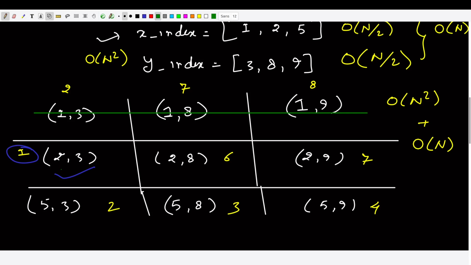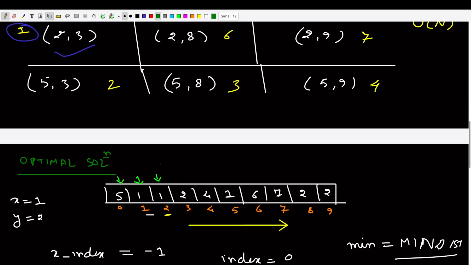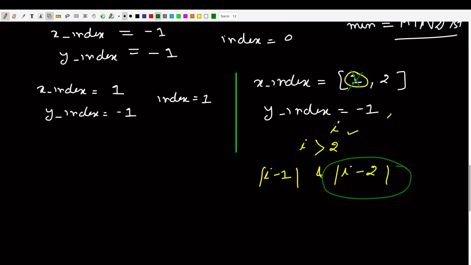And when y was unknown and we have observed it at the next position, then we know that I minus 2 will always be less than I minus 1, because of which we don't really have to compute the pairs which comprise 1, right?